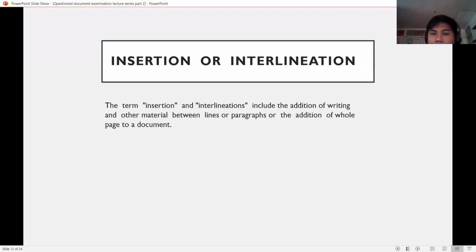That's insertion. Or let's just say the document has only 3 paragraphs but you add a 4th paragraph, or you add something in the second paragraph. So you added. That's insertion and interlineations. Or the addition of a whole page to a document. Let's just say a will consists of only 5 pages, but you added another page. So it became 6 pages. So there's insertion.